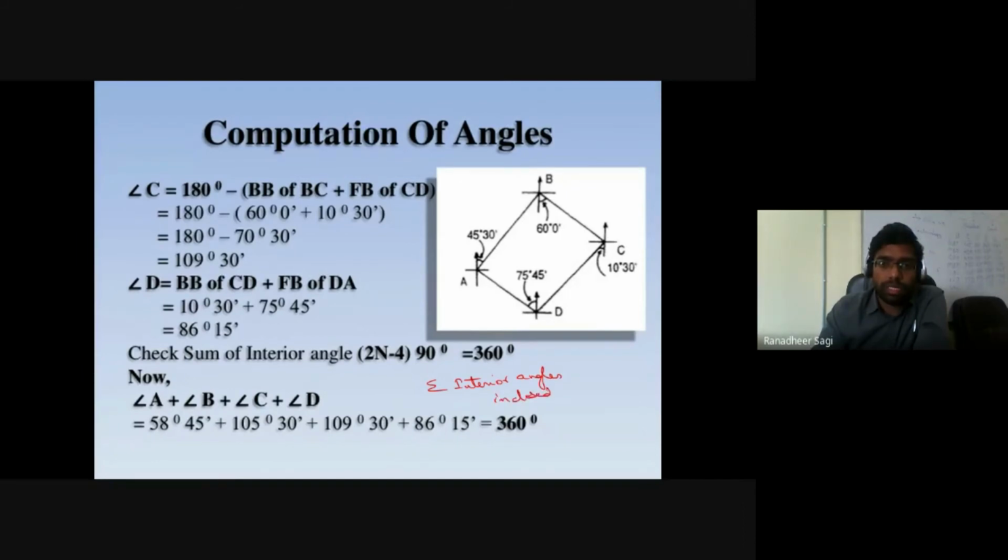This is applicable not in the case of an open traverse. Here n indicates the number of sides in the polygon formed by the closed traverse. Here you have 4 sides. 4 minus 2 is 2. 2 into 180 is 360 degrees.